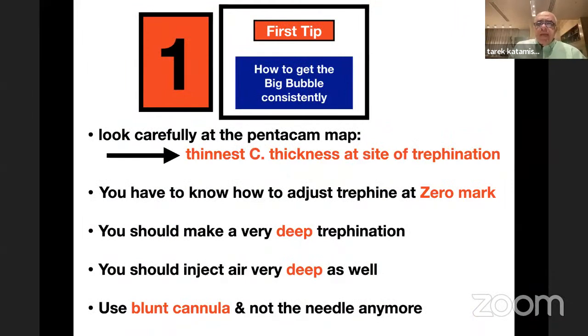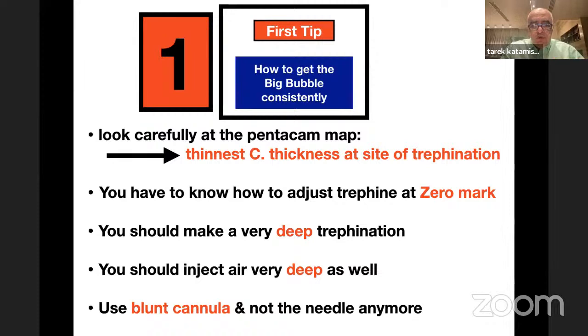So to revise what I have mentioned regarding getting the big bubble consistently: look carefully at the Pentacam map, and choose the thinnest corneal thickness at the site of trephination. You have to know how to adjust the trephine at the zero mark. You should make a very deep trephination. You should inject air very deep as well.